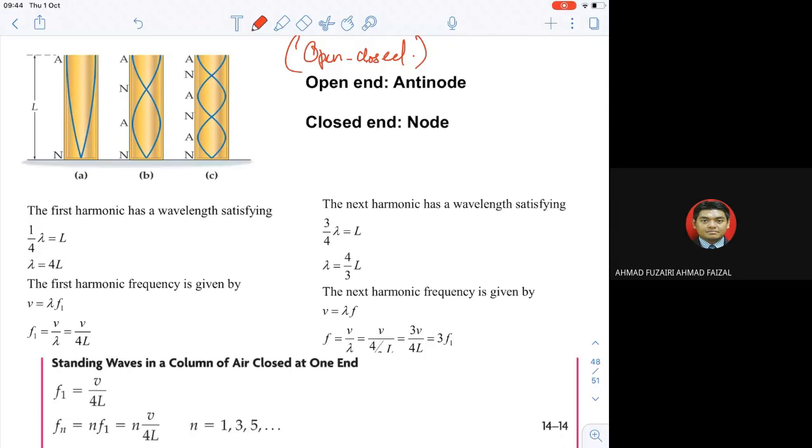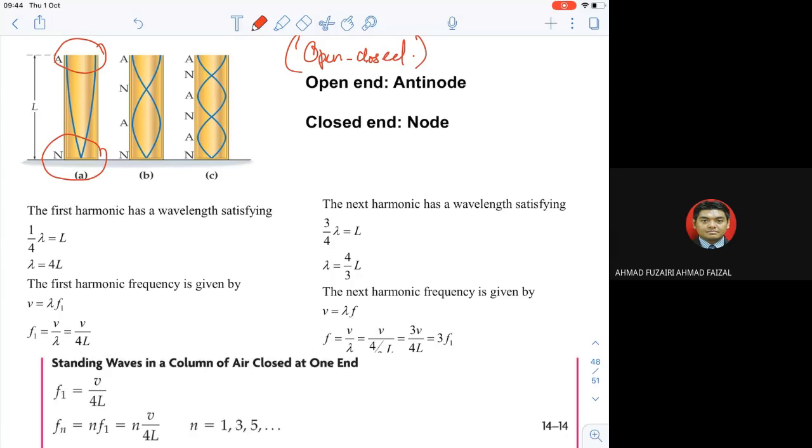Okay, but try to understand when we have an open end, how can we draw the pattern? The pattern should be an antinode. At the closed end, the pattern should be a node point. So that is something you should understand first: how to draw the pattern. Then we go straight away to the situations. Okay, this is not the same as open end and closed end.